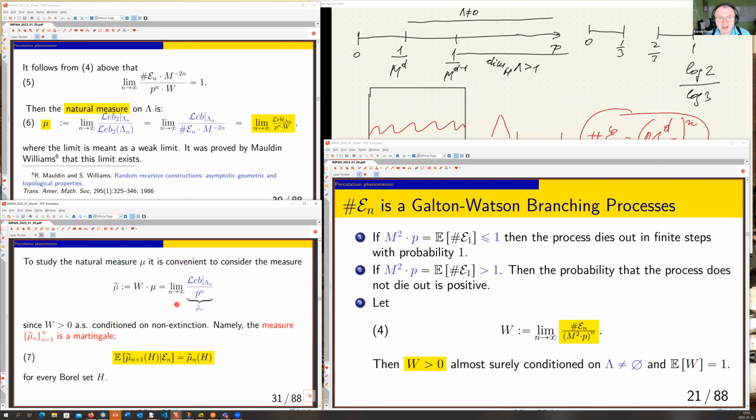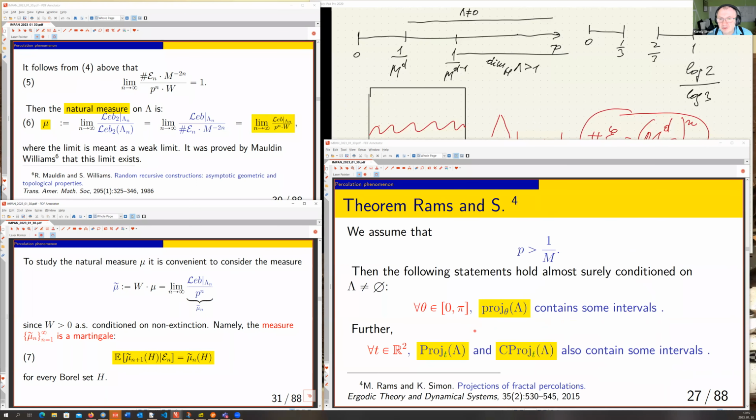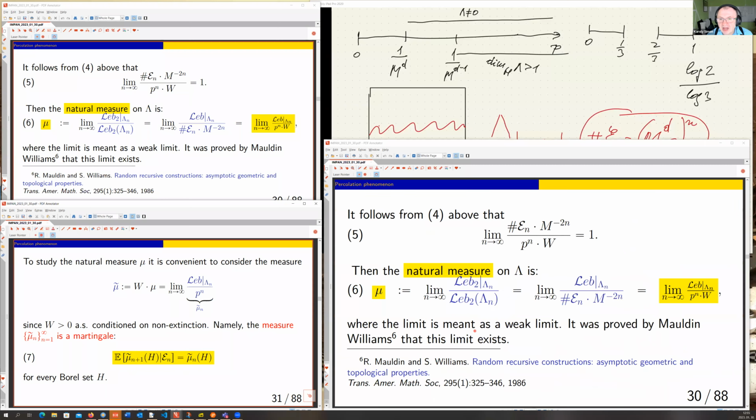In the more general case, it doesn't hold, and the second part of my talk will be about the more general case when this property does not hold. But in this homogeneous case, where all retention probabilities are the same, this mu tilde measure is a martingale.